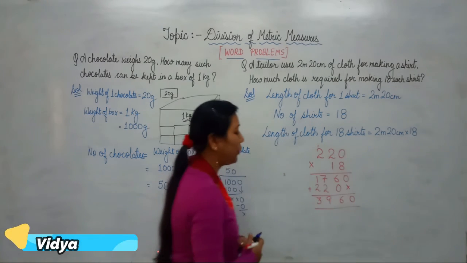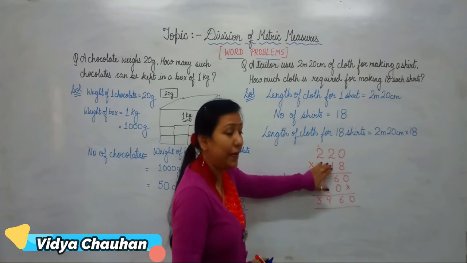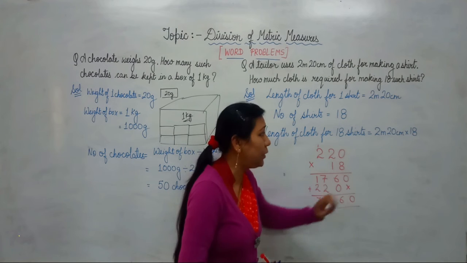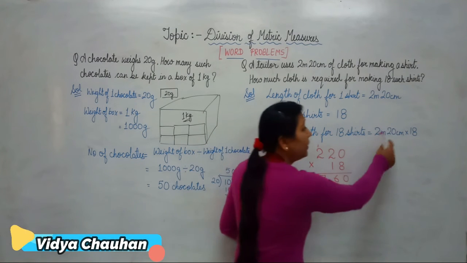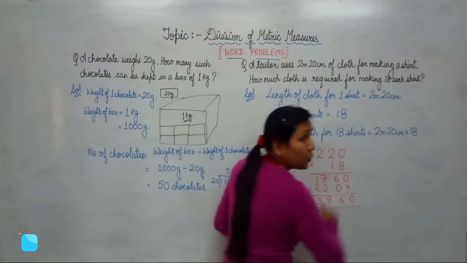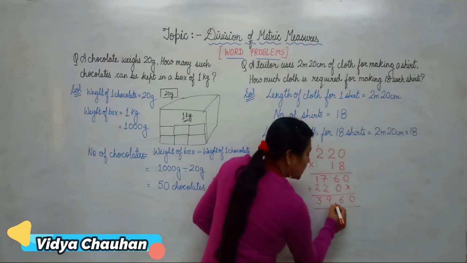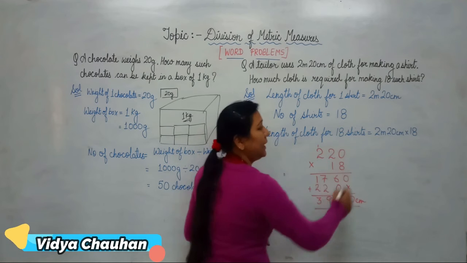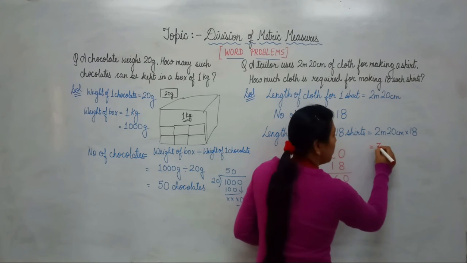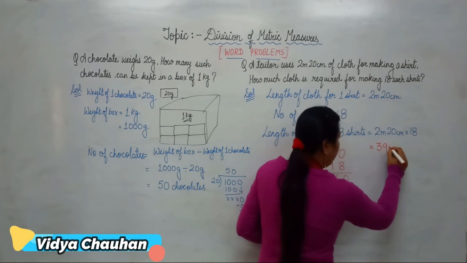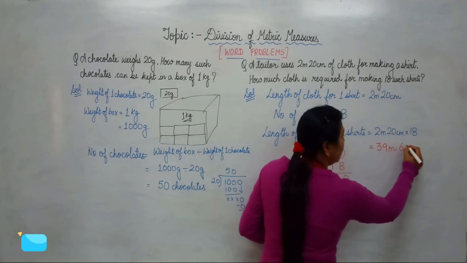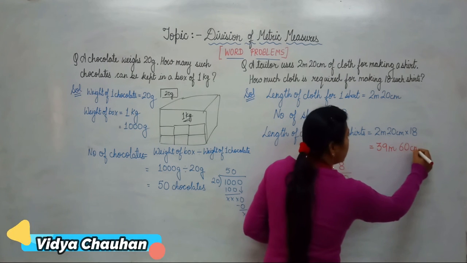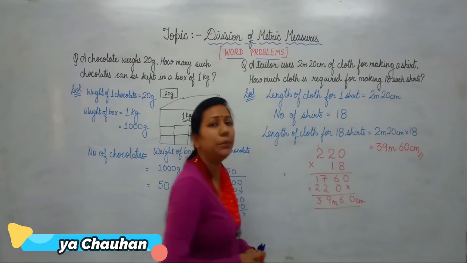So now the product of 220 with 18 is 3960. Since in centimeters there is a group of 2 digits, you will get a decimal after 2 places. That means we can separate it as 39 meter and 60 centimeters. So how much cloth is required for making 18 such shirts? 39 meter and 60 centimeter.